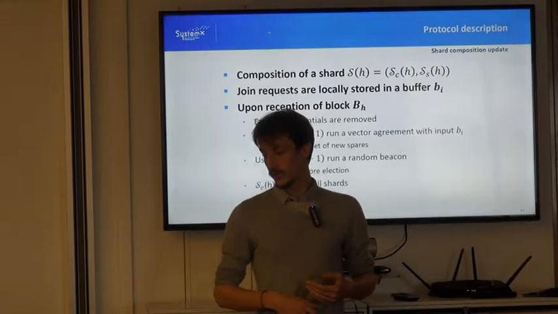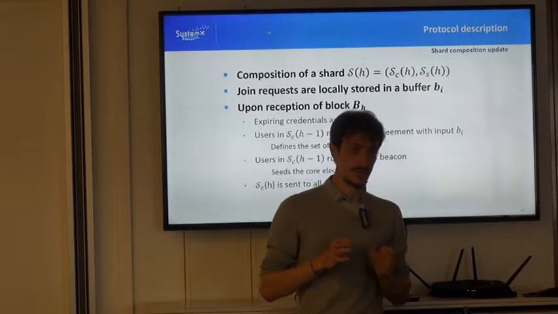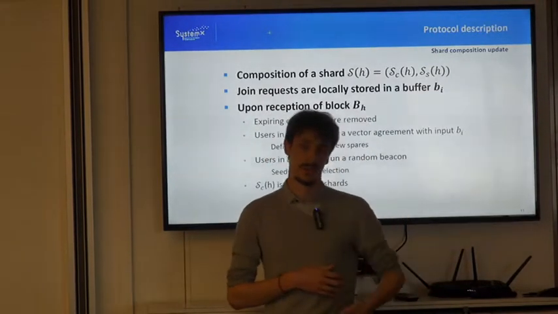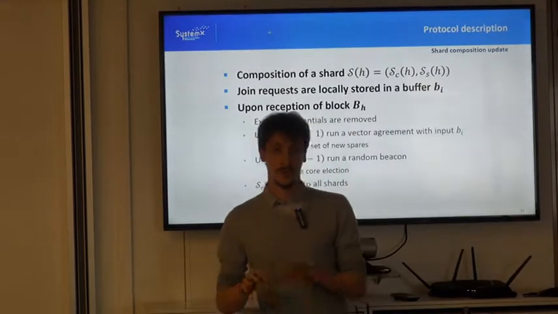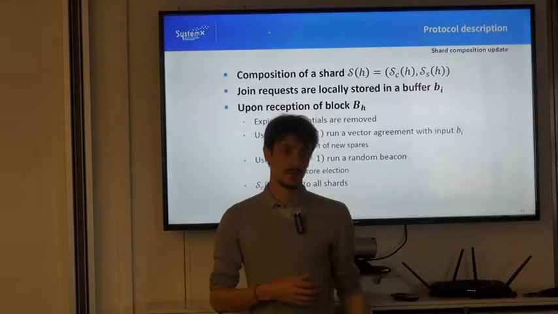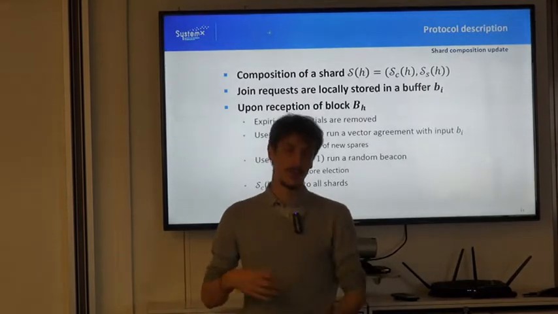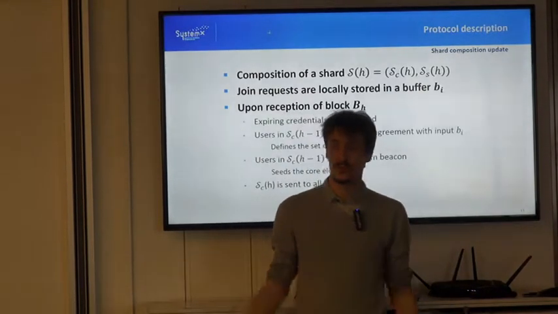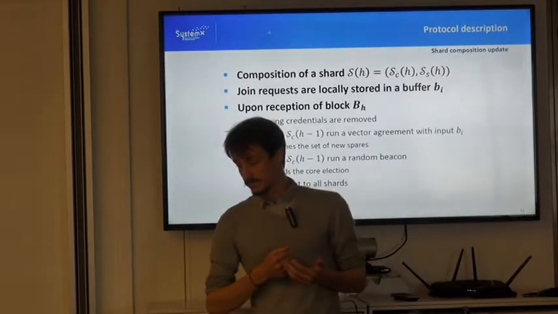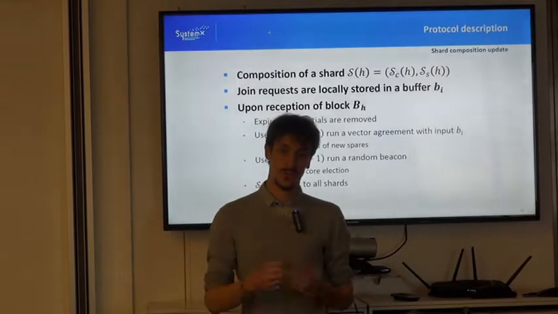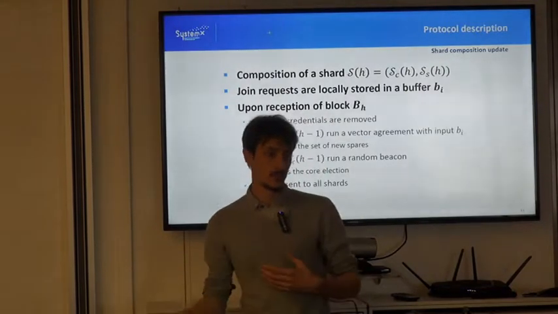So first we remove the credentials that expire, of course, and then we run the vector agreement, with each buffer as input, and the union of that is a set of new spares. Then we run a random beacon to get a random seed so that we can make the correlation.